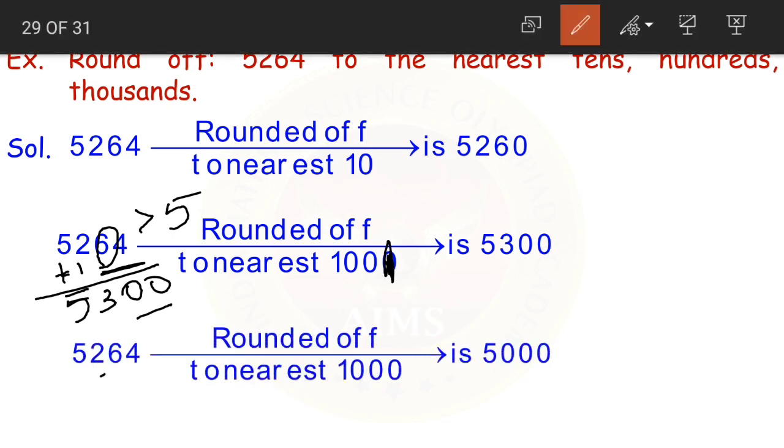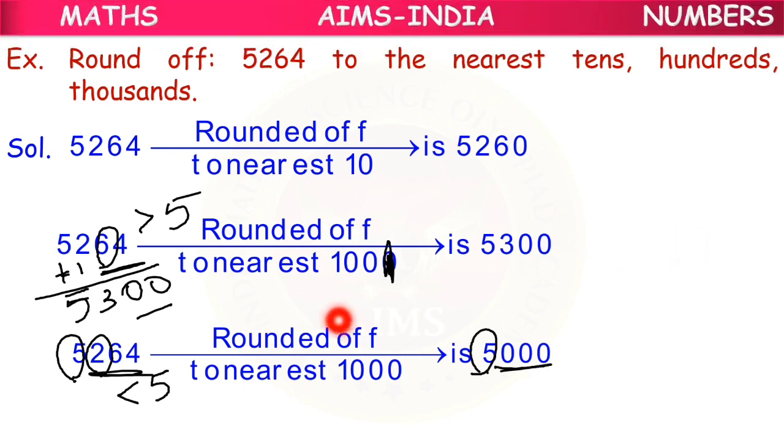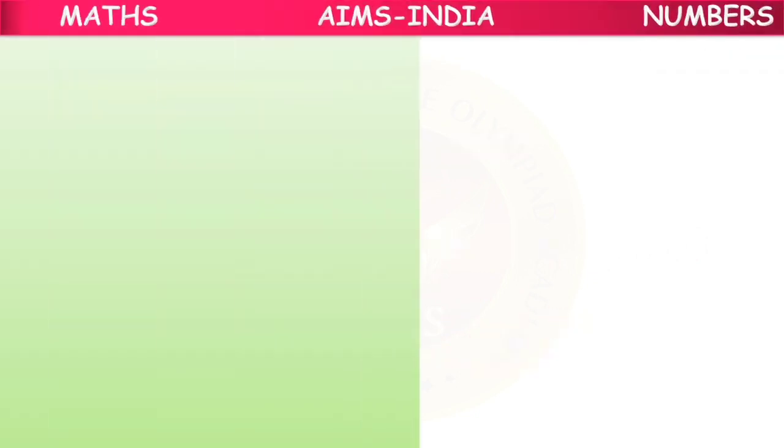Lastly, when rounding off to the thousands, we look at the digit in hundreds place. It is 2, that is less than 5. So the digit in thousands place remains unchanged. We write 5 as it is, and the remaining digits are replaced with zeros. So 5264 when rounded off to nearest thousands becomes 5000. Is this clear, students? I hope this was clear.